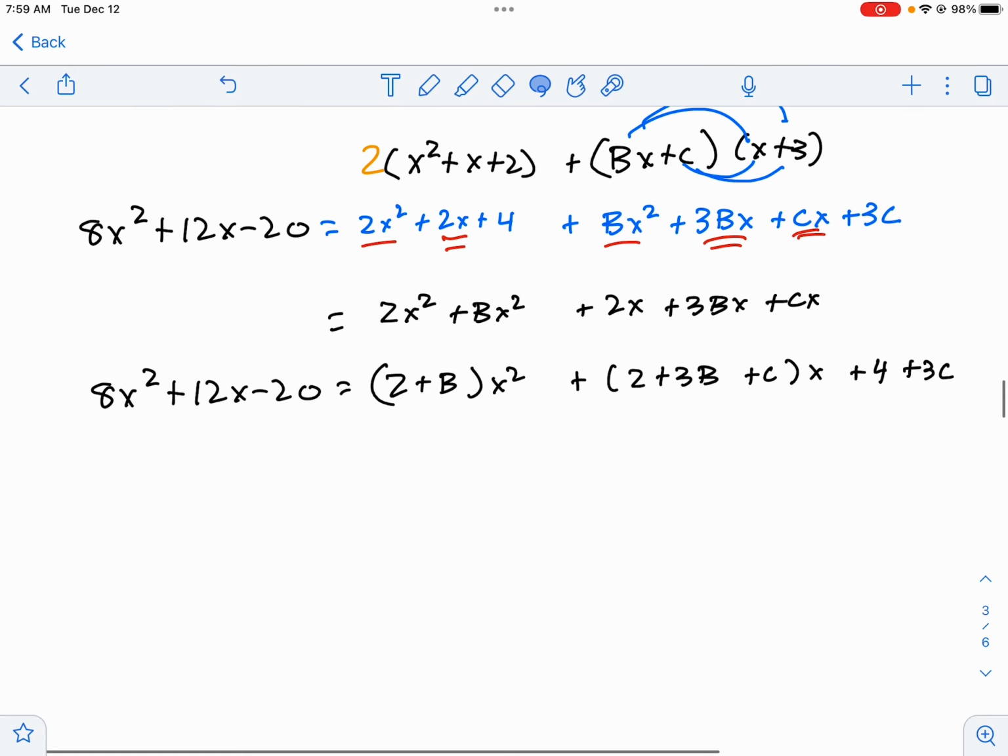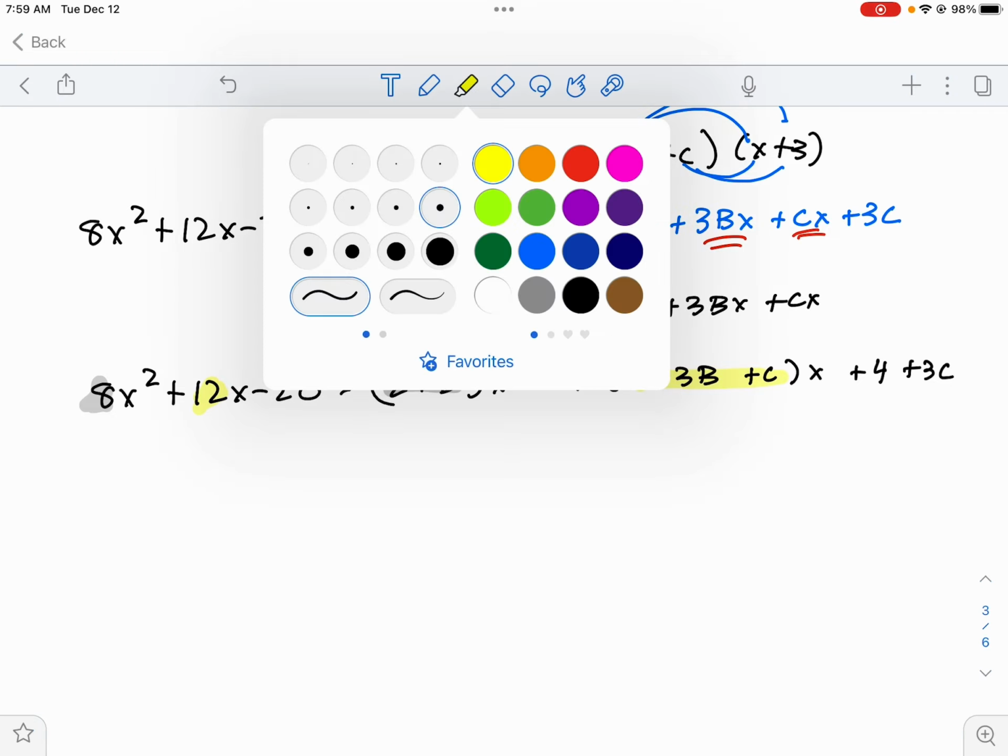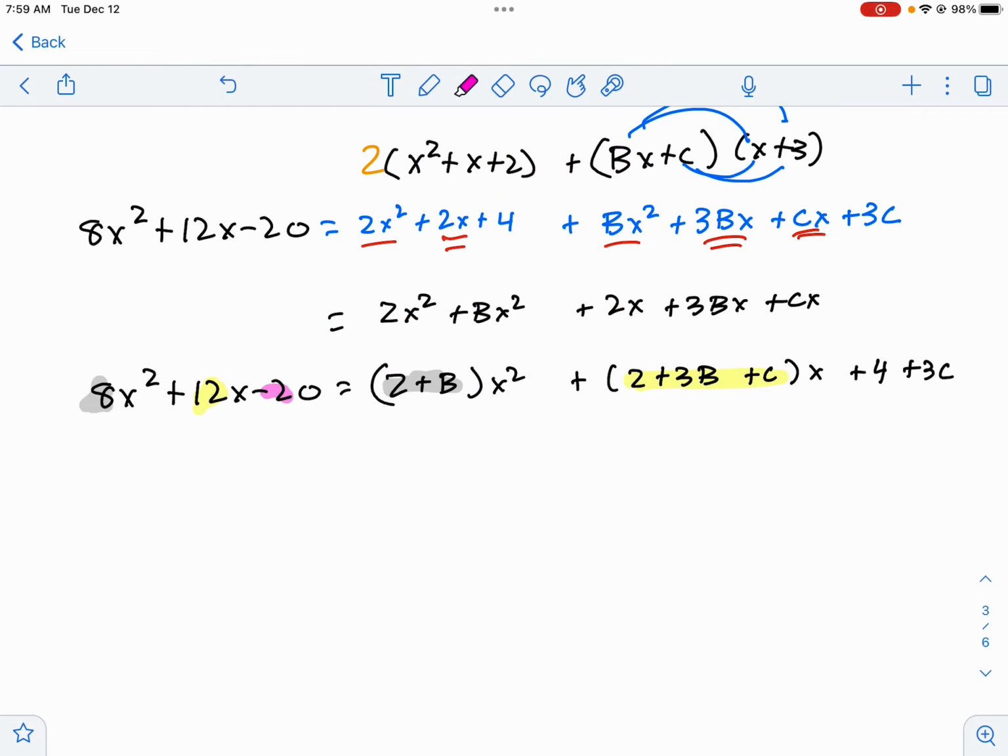So I can do my comparison now. 8 has to be that. 12 has to be that. And negative 20 has to be that.